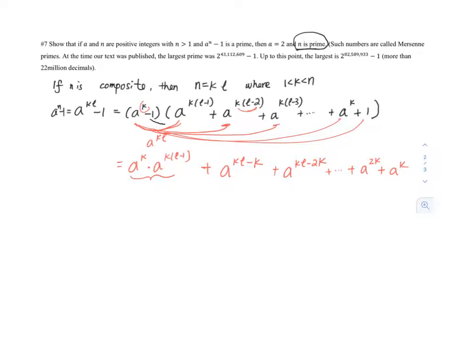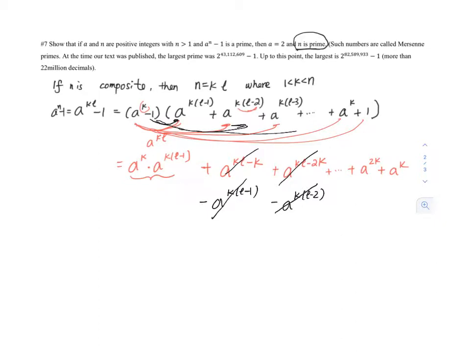This time we need to multiply this. So the first one is negative a to the k times l minus 1, which is the same as this, so they cancel. The next term is minus a to the kl minus 2, and these two can be cancelled. If you do that, they actually can be cancelled a lot.